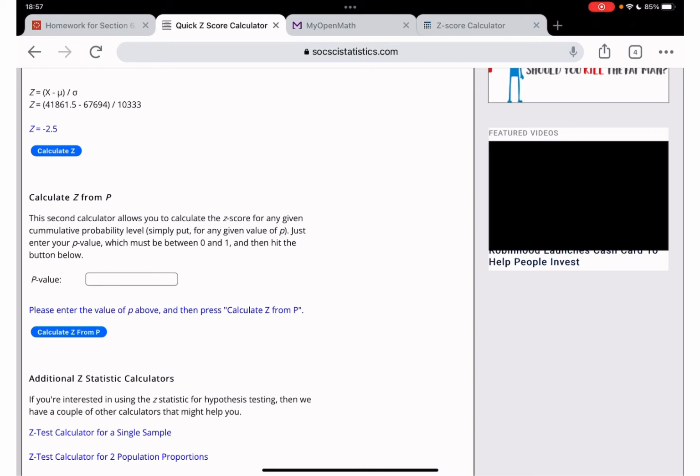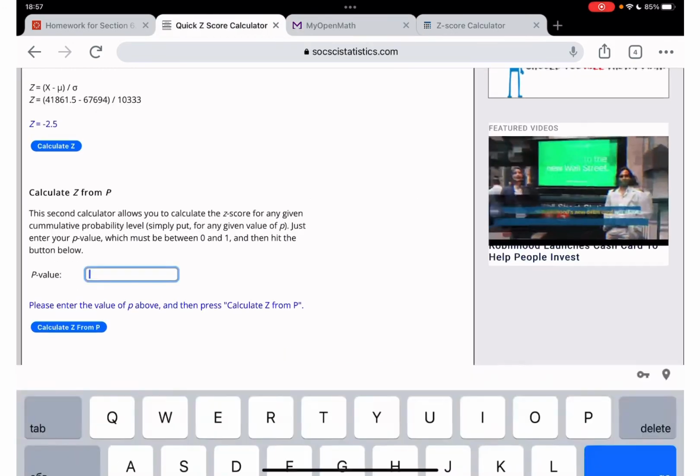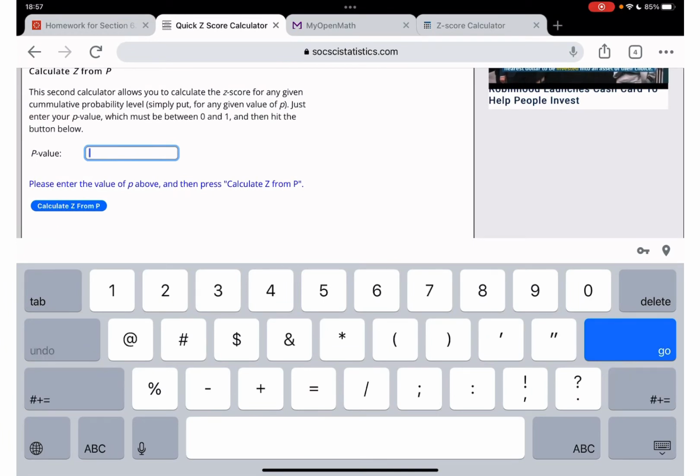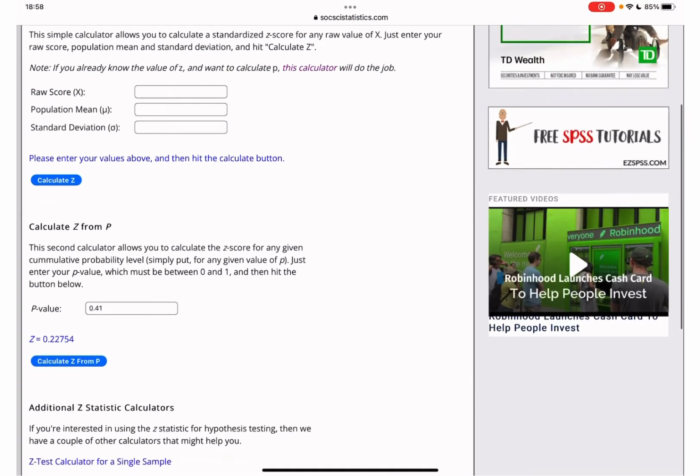It's going to be 41%, right? 1 meaning 100%. 100 minus 50 is 50, minus 9, 41%. So every time when we have more than, we need to subtract from 100%. So it's going to be 41% here, 0.41, and our z-score calculation is going to be negative 0 point and so on.